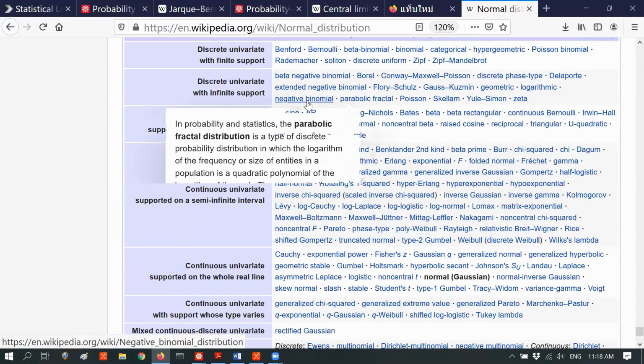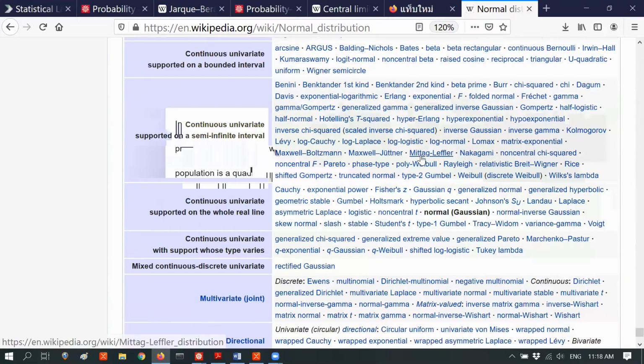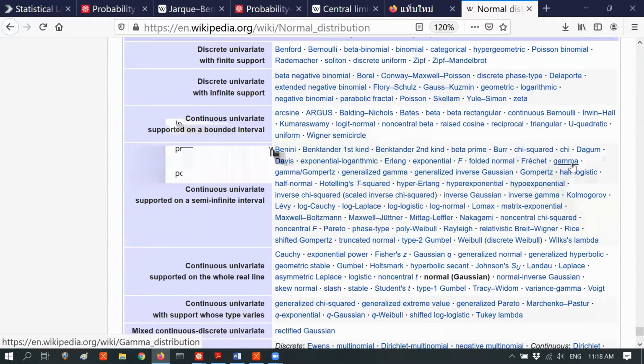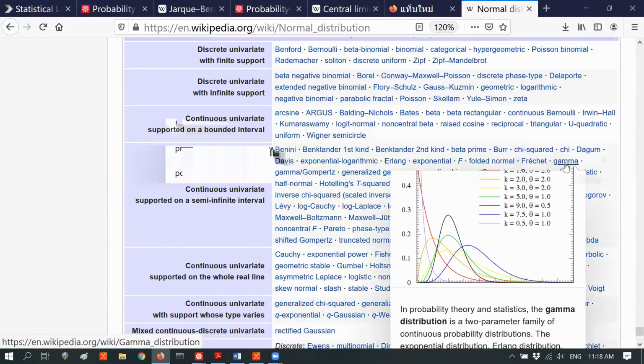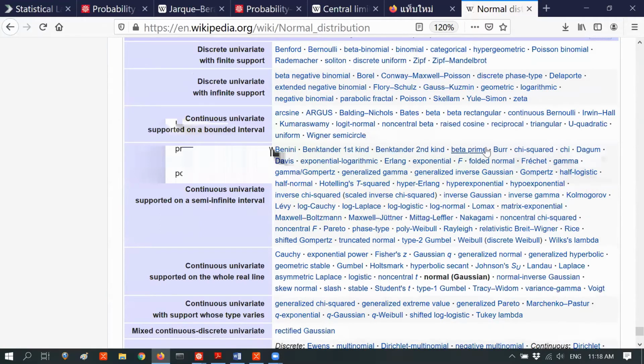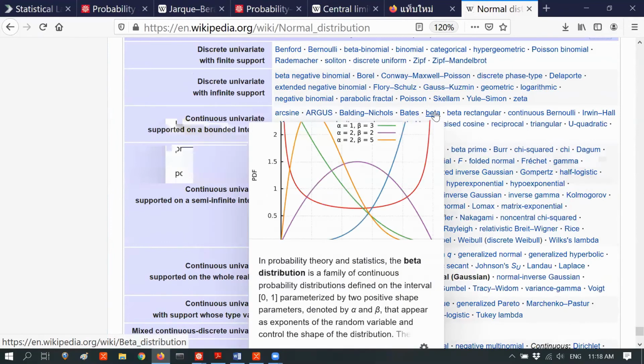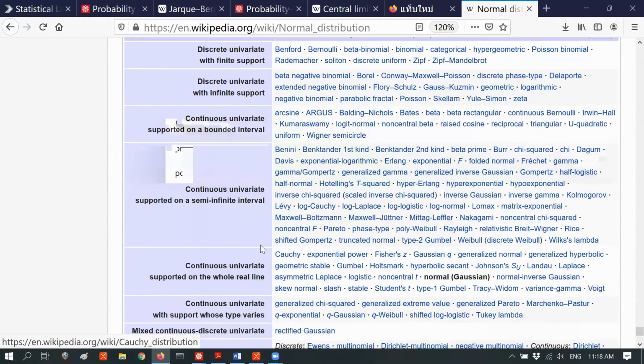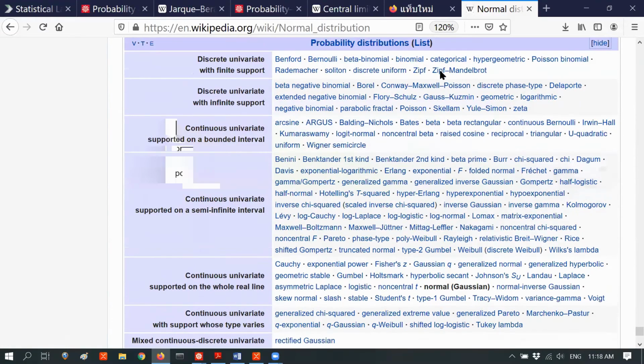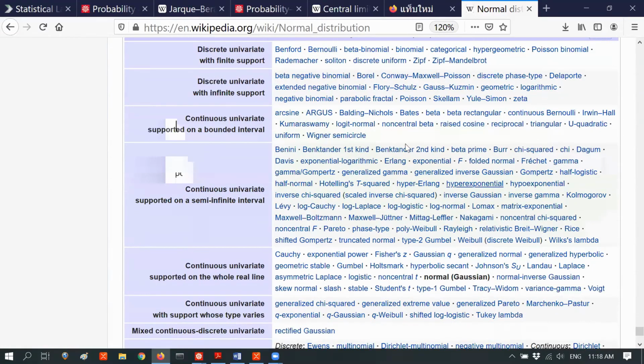Negative binomial maybe. Okay, for continuous, I'm going to be asking you to look at gamma, maybe gamma. Beta, with beta, where are you? Beta. Where are you with bounded interval beta? Okay, right? Chi-square. Now, I want to teach you how to look at this table. How is it organized?